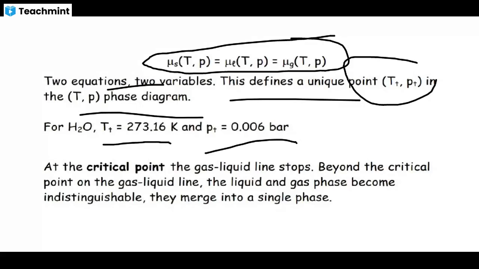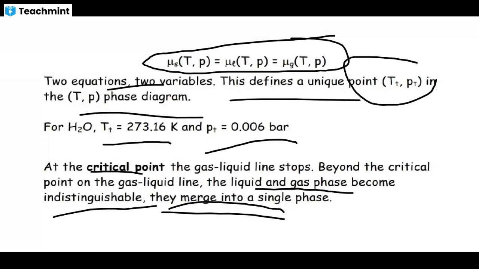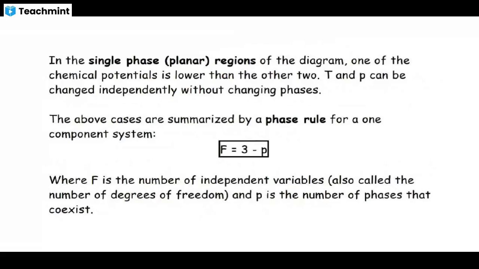At the critical point the gas-liquid line stops. Beyond the critical point, the liquid and gas become indistinguishable, they merge into a single phase. In the single-phase regions of the diagram, one chemical potential is lower than the other two.